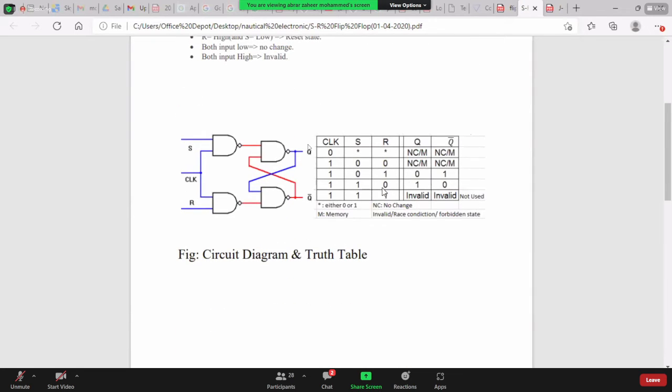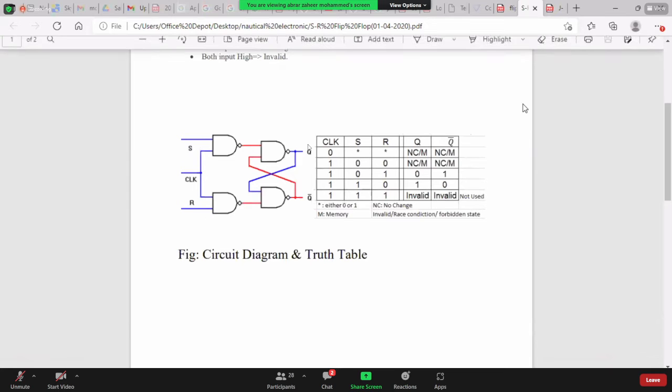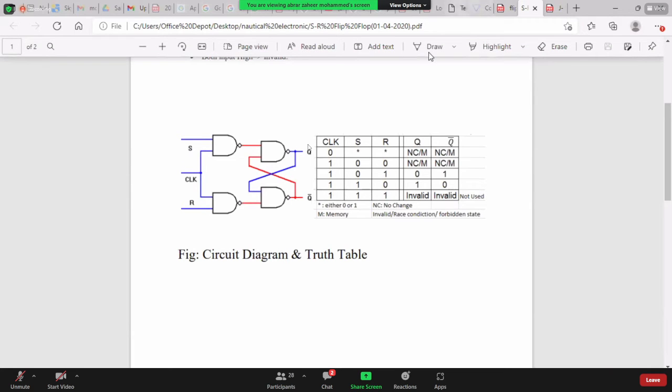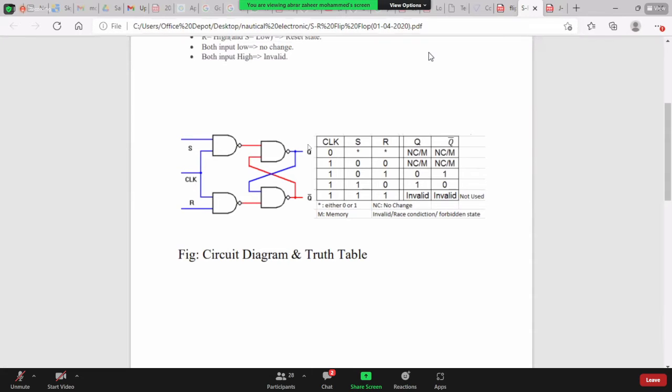This is the circuit diagram and the truth table of the SR flip-flop. So here we are having the two inputs S and R. S stands for set and R stands for reset.